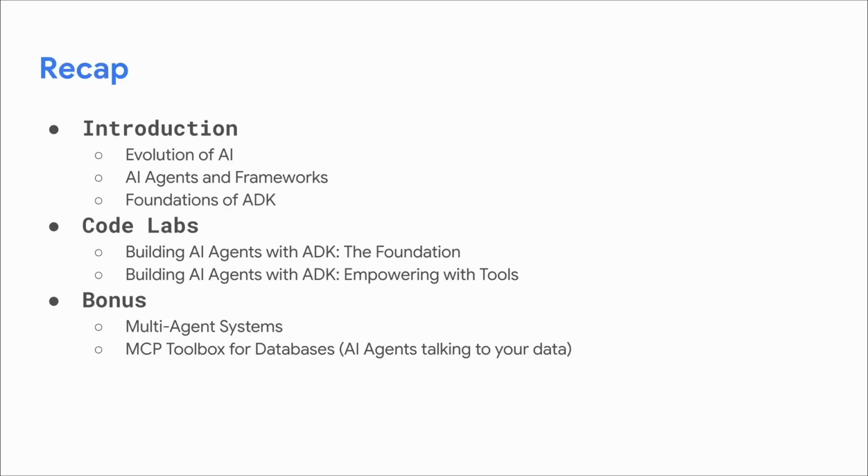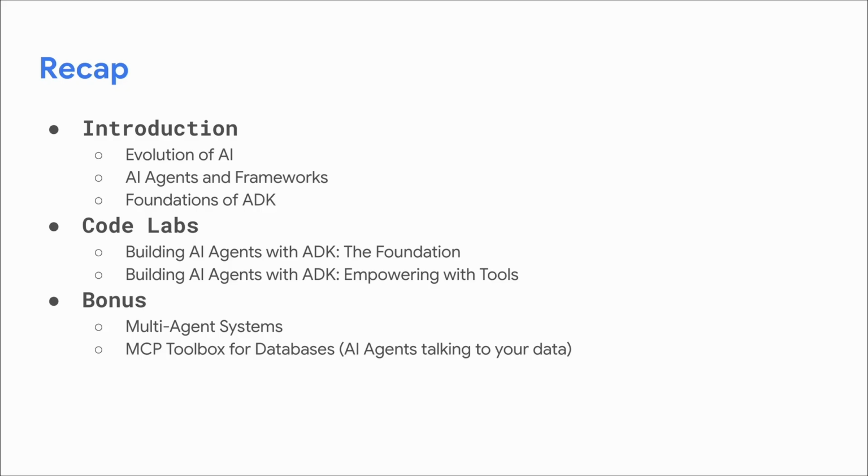Now, just to give you a recap of this long video that we have had, we looked at the introduction, where we talked about the evolution of AI, how AI agents work, what are the available frameworks out there, and then we spent a good amount of time laying the foundations of Google's Agent Development Kit.